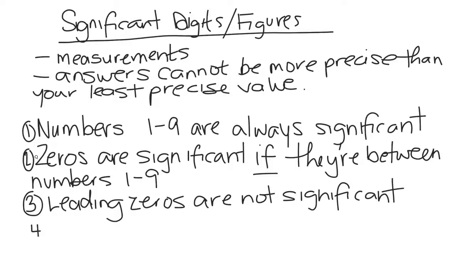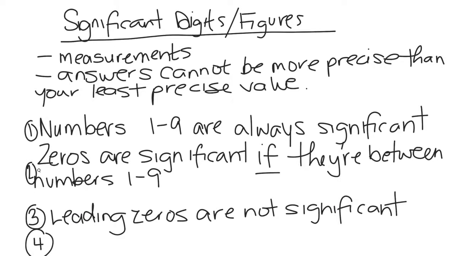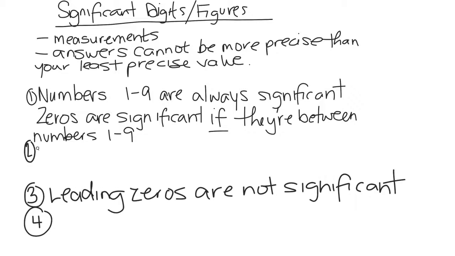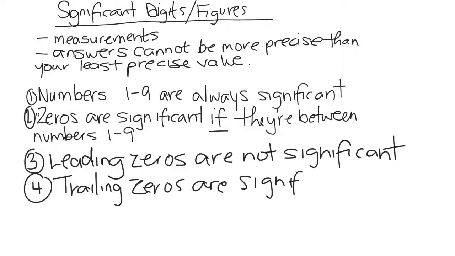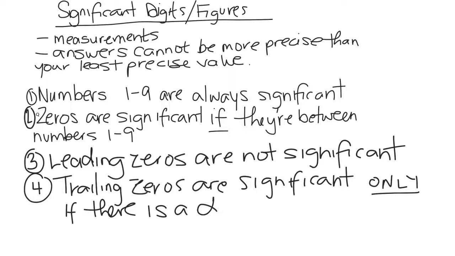So trailing zeros are significant only if there is a decimal.